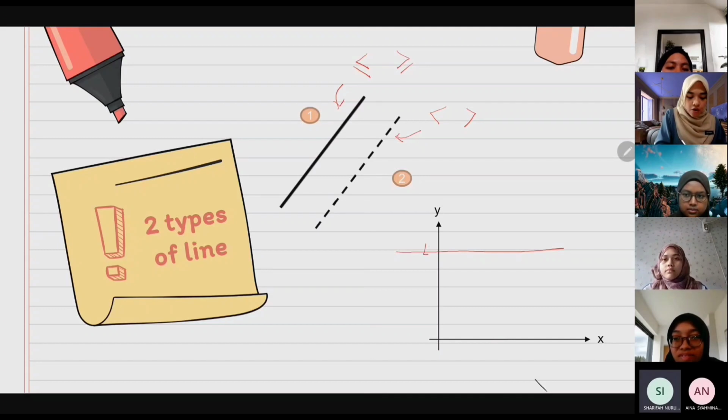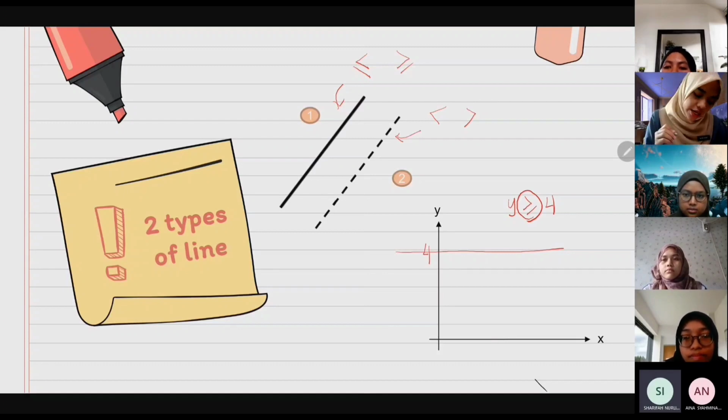Okay, so for example, if you have the line here, y here is 4. If you have the linear inequality y is greater than or equal to 4, this is your straight line in the graph. Now you can see this is the symbol of greater than or equal, so we use this solid line.